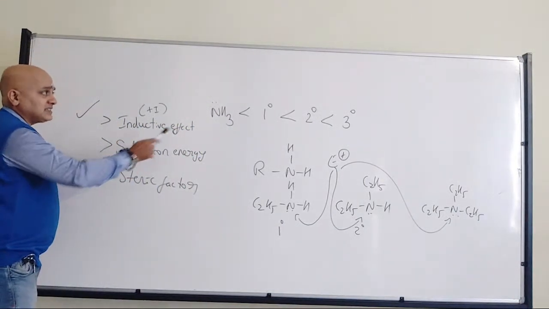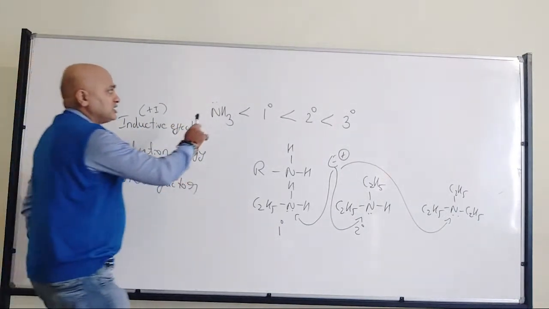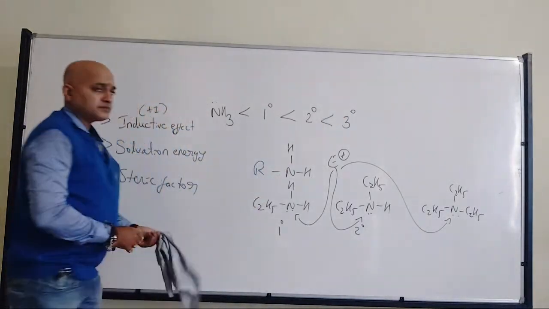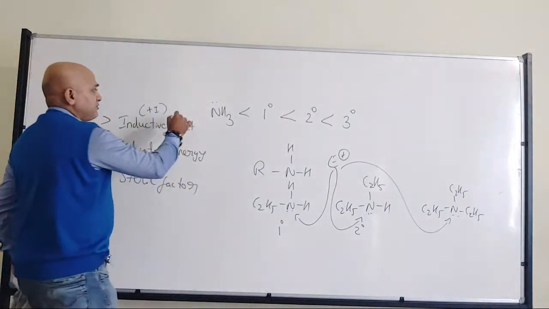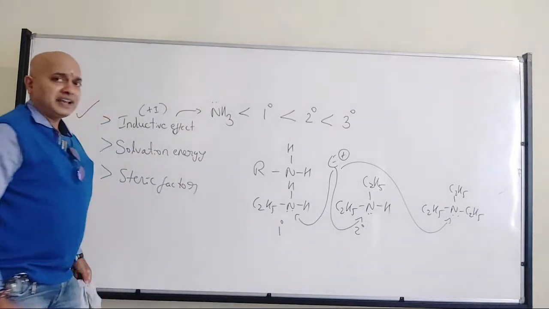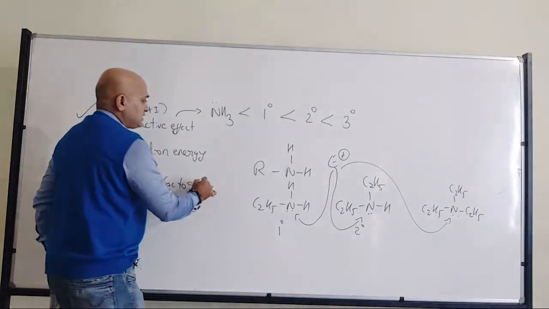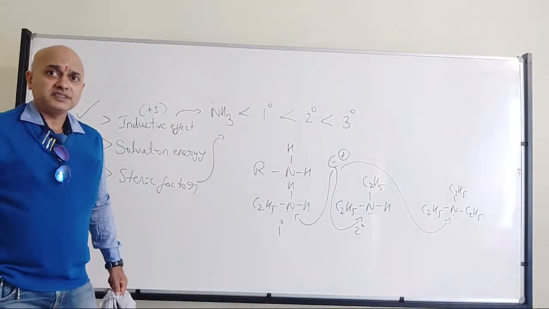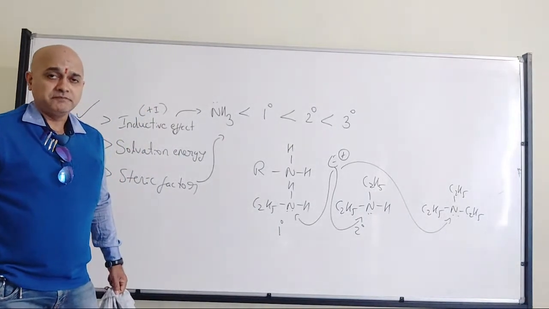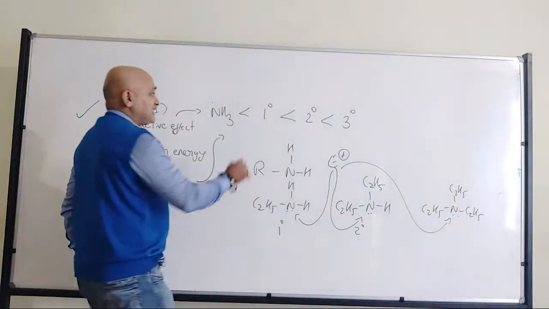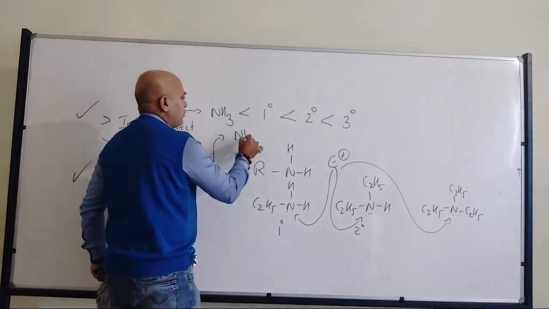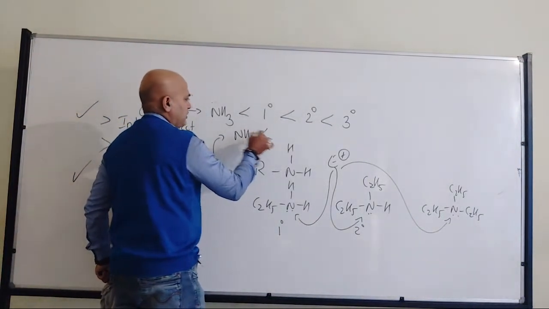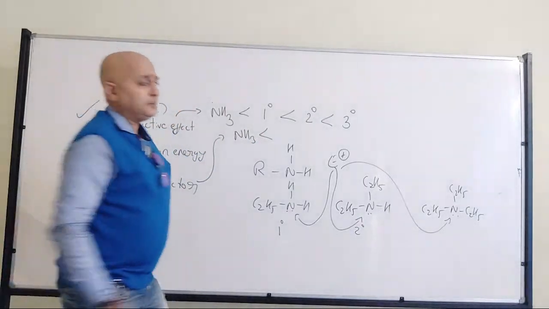In one case, yes, it will tell that this should be the arrangement. According to inductive effect, this should be the arrangement. But if I go with steric hindrance, I can see very high steric hindrance with respect to tertiary amines. Right? So in that case, I can arrange, still ammonia will be least, no doubt, because there is no alkyl group.